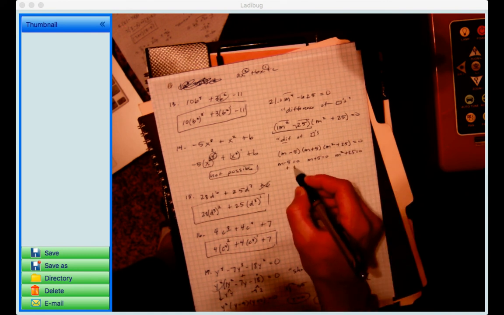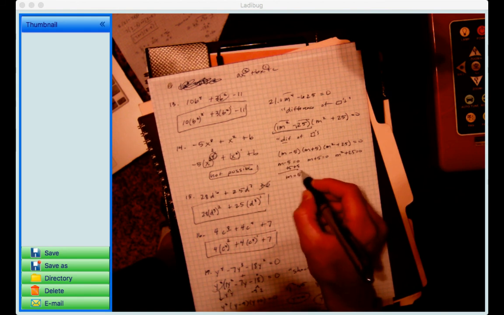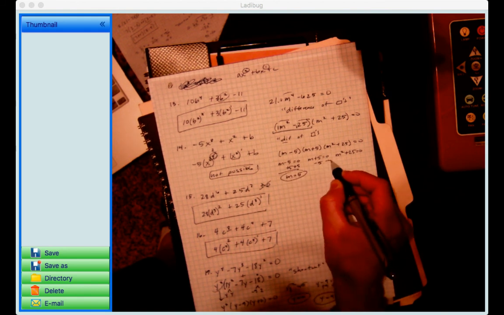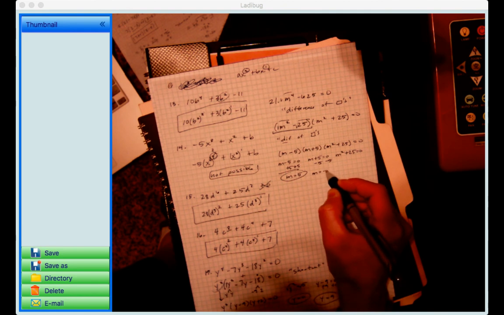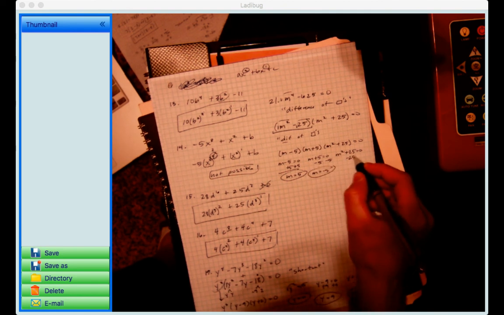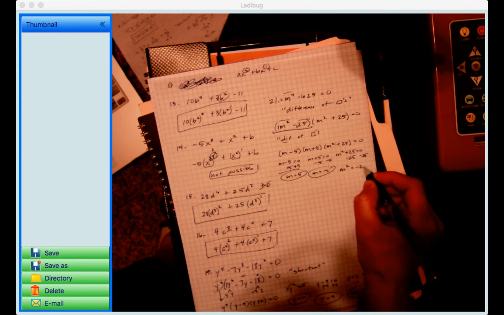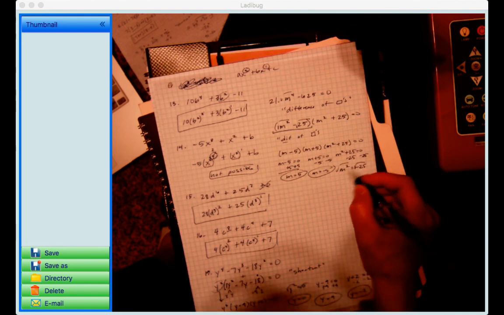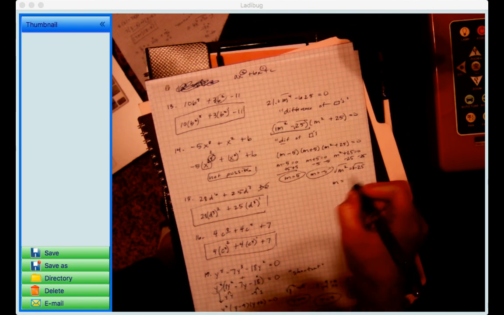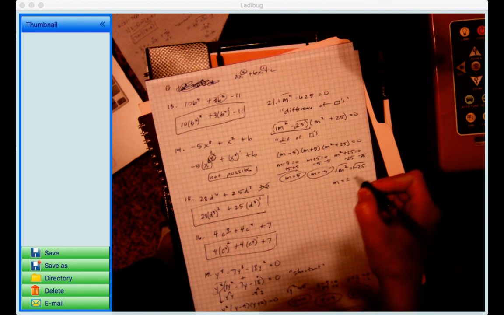So this one gives me 5. This one gives me negative 5. Careful here, putting a lot together here. You have m squared equals negative 25. Square root it. So you square rooted it, so you have plus or minus. Square root of 25 is 5.